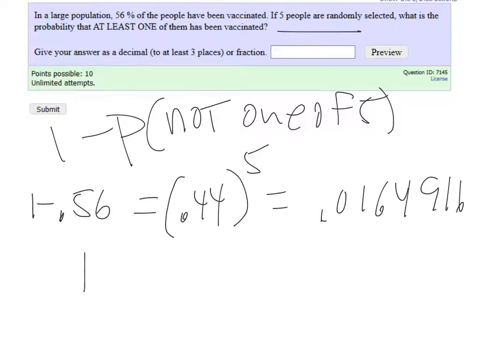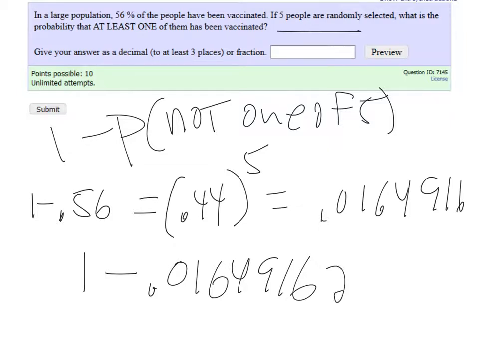So now to find the actual probability that I want, we're just going to subtract that. Here, I'll write down the rest of the decimals on my calculator showing 224. What I'm going to do is go 1 minus that answer on my calculator, and I'm getting 0.98351.